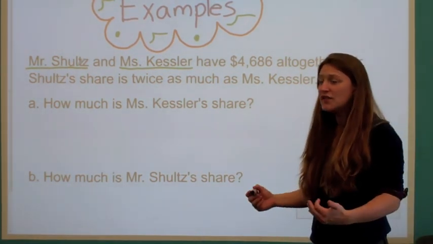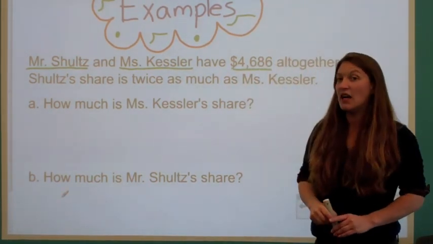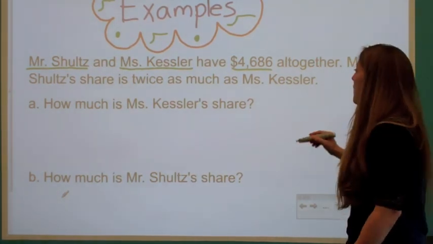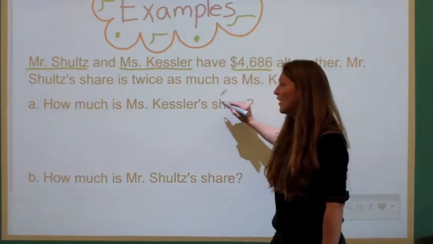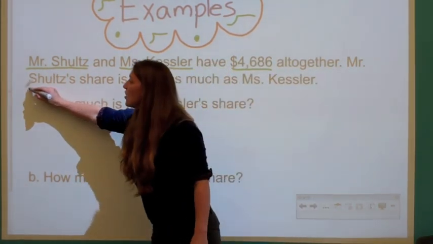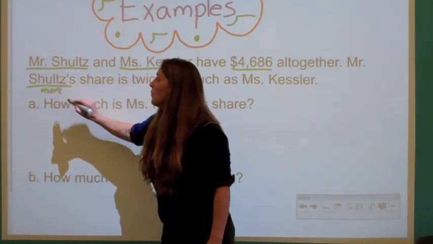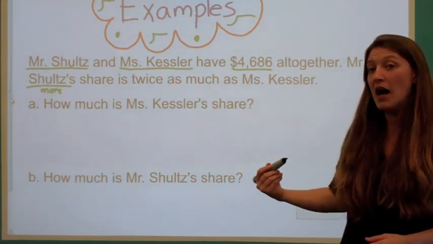Between the two of us, we have $4,686. We also know that Mr. Schultz's share is twice as much as Miss Kessler's. So we know that Mr. Schultz has more money because it says that his share is twice as much as mine.